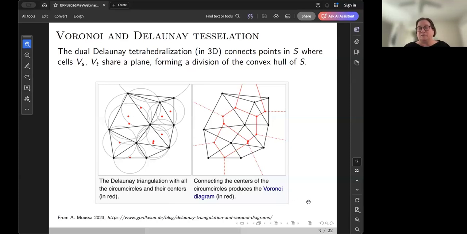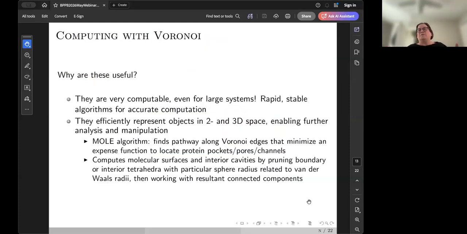So the question becomes, why do we want to do this? The reason is these are very computationally tractable objects, even for very large systems. You can imagine, from some of the bigger proteins that we were looking at earlier in the talk, that we're talking about a lot of atoms in these systems.